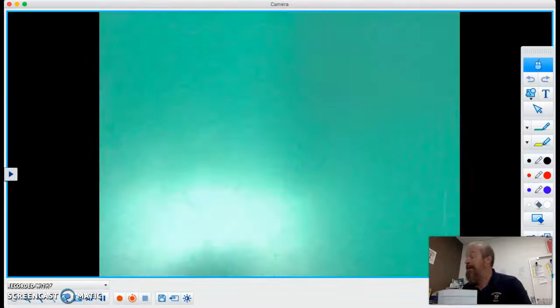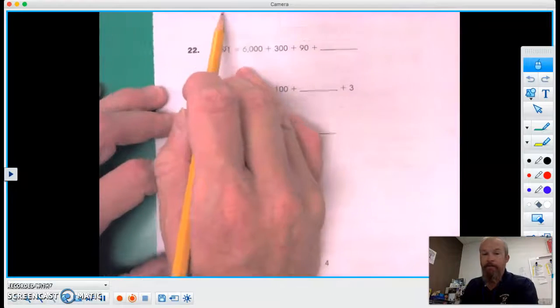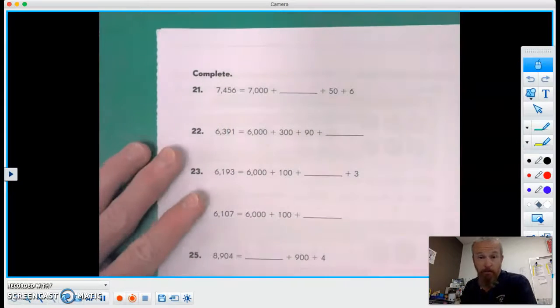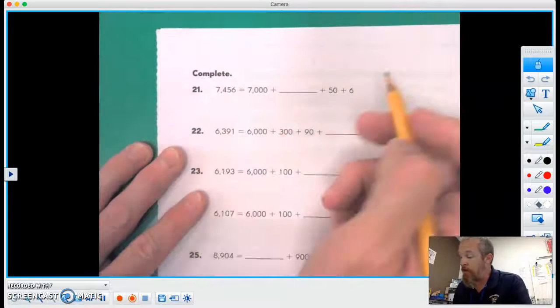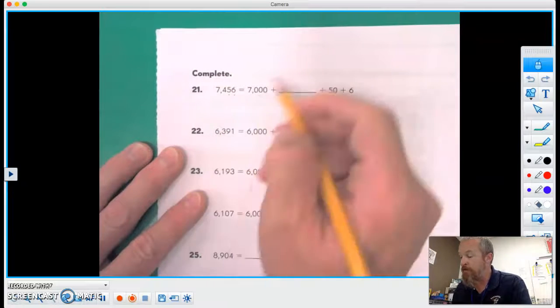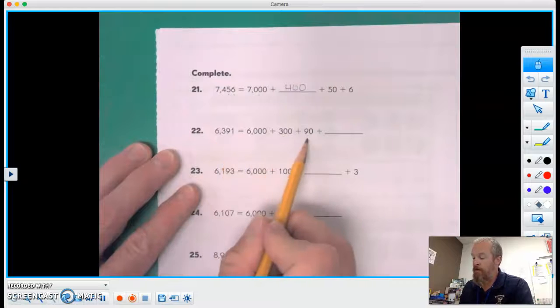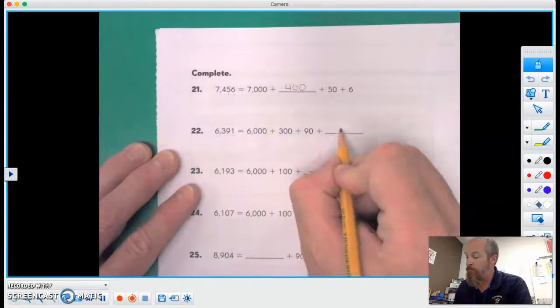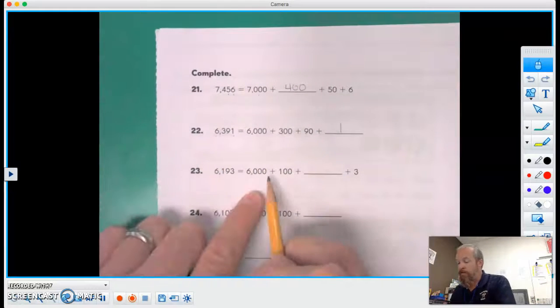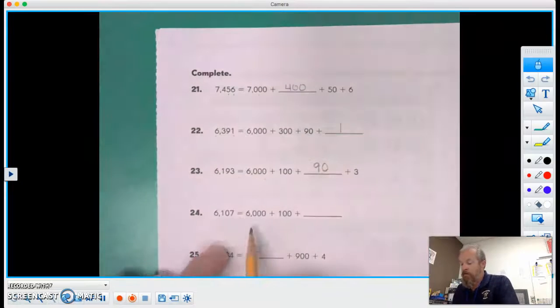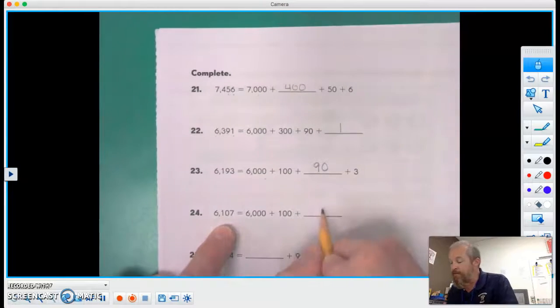All right, last one. Here we go. 7,456 equals, again, this is just our expanded form, right? 7,000. There's our 50. There's our 6. So we're missing the 400. We have the 6,000 and the 100, we're missing the 90, and the 7.